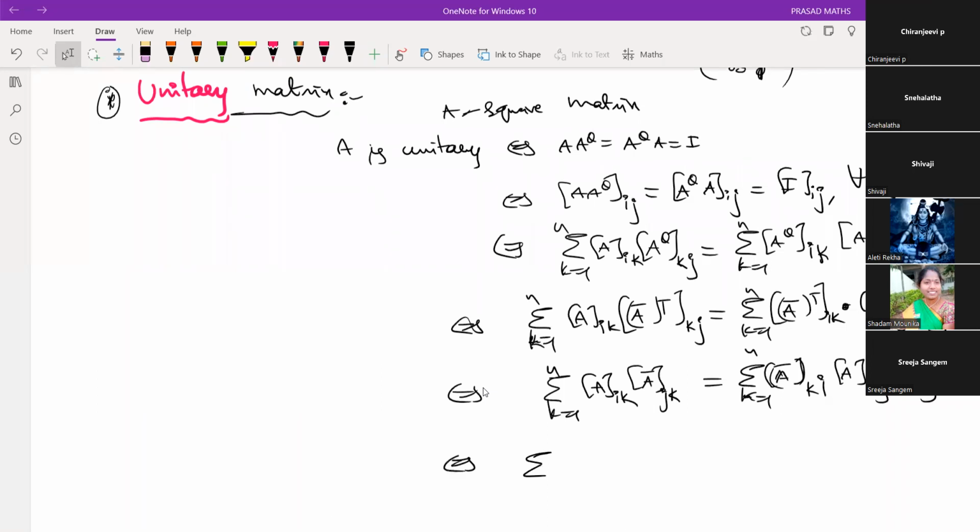But this is the same as saying summation k equals 1 to n of the ikth entry, keep this as it is, and the jkth entry of A bar, which is nothing but the conjugate of the jkth entry, by definition.